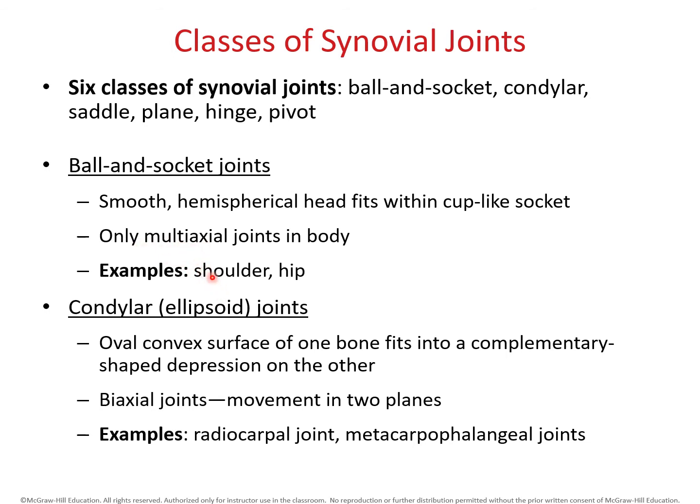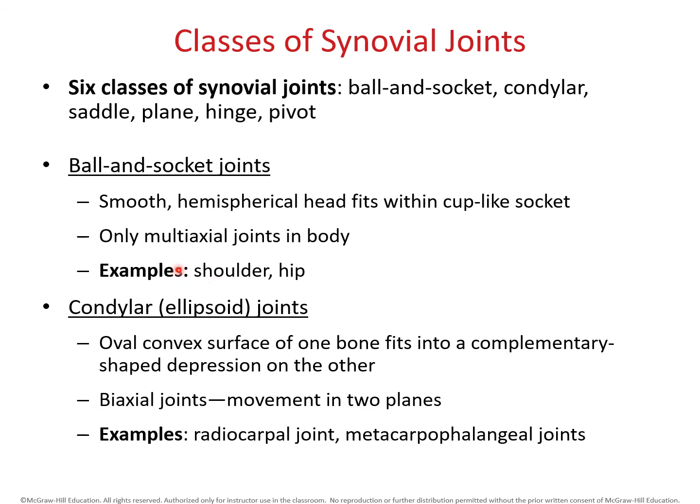Now, interestingly, the shoulder and hip have the greatest range of motion compared to any other type of joint. These are classified as multi-axial. Multi-axial means that these joints can move in several different directions, not just one direction or two directions.